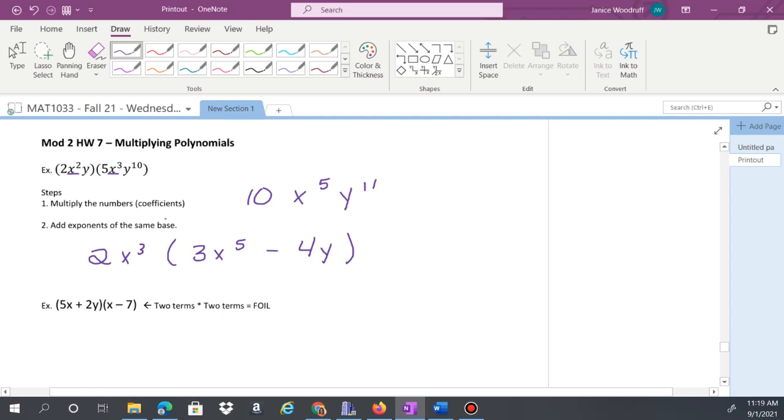I still multiply the numbers, add the exponents. So this would be 2 times 3, which would give me 6. Then I'm adding 3 plus 5 there, which would give me an x to the 8th. And then I have a 2 times negative 4, which would give me a negative 8. And then when I do x cubed times y, I can't really do anything besides just write them next to each other. So that's what I do.